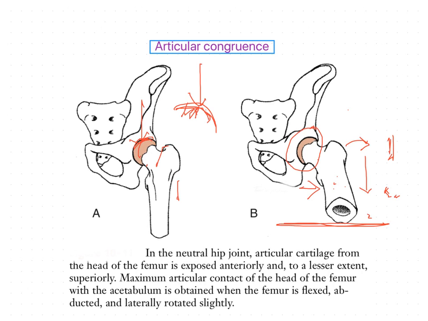So all these structures other than the acetabulum and the femoral head, that is the acetabular fossa and also the acetabular labrum, help to maintain the articular congruence. So this is all about articular congruence. Thank you.